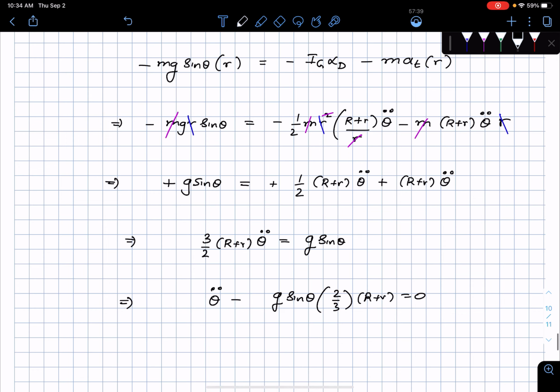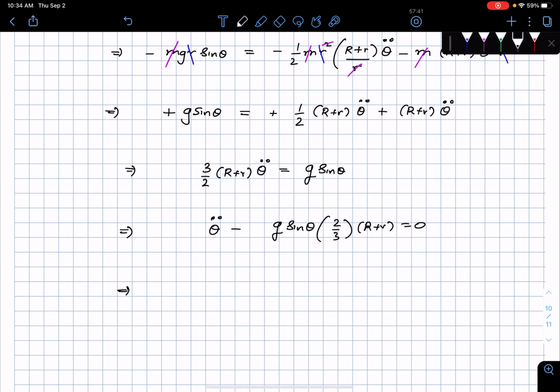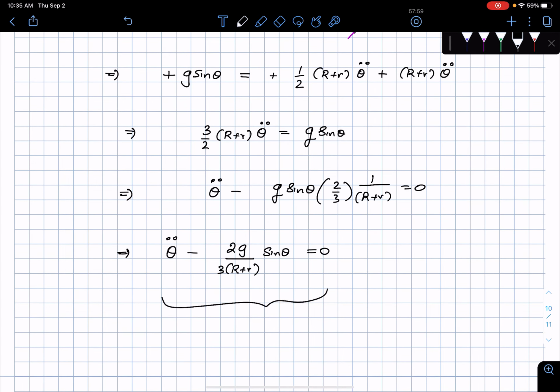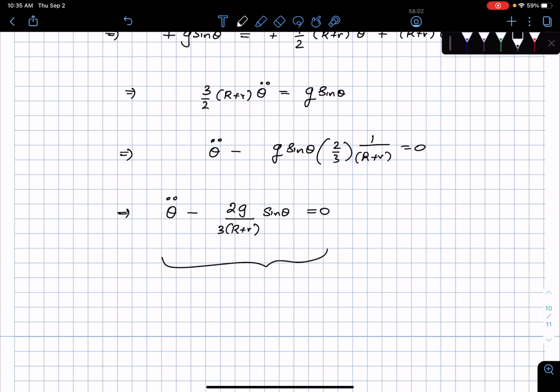Or write it more nicely, theta double dot minus 2g by 3 times (R plus r) sine theta is equal to 0. So this is the equation of motion. The equation of motion does not contain any of the constraint forces.